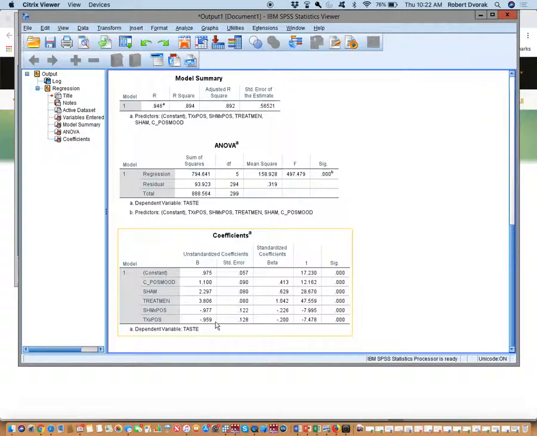What's this last effect tell us? This interaction effect says what? Rebecca. The slope between positive mood and taste is different between treatment and control. Perfect. And what is that slope in the treatment condition?